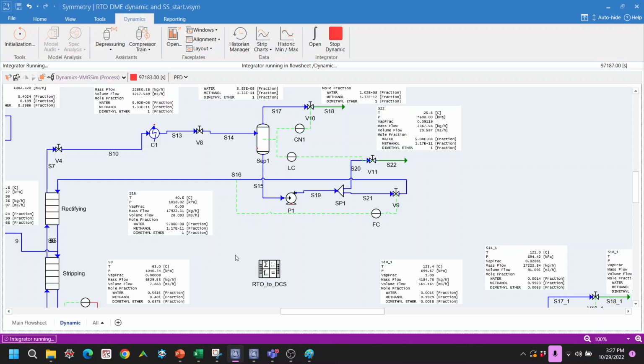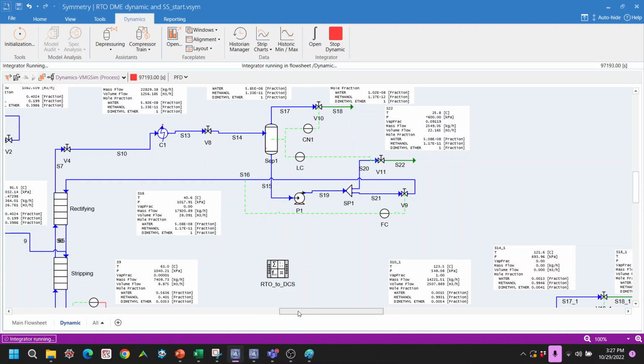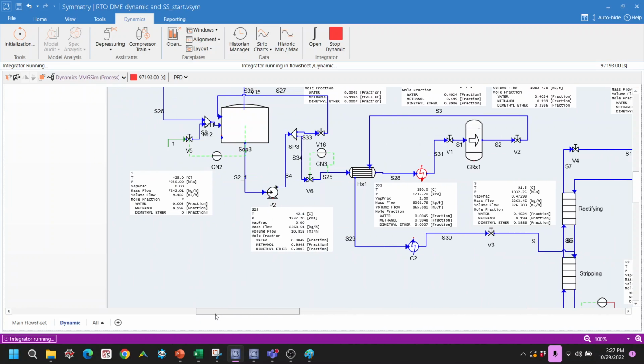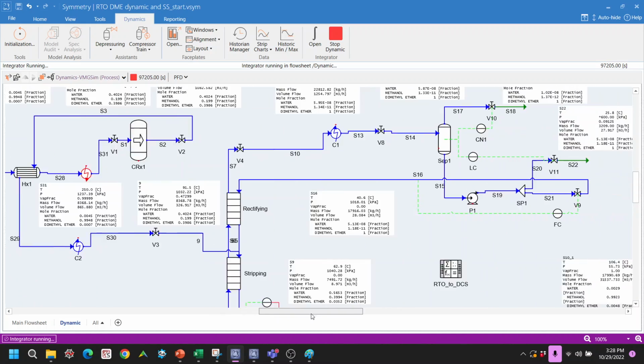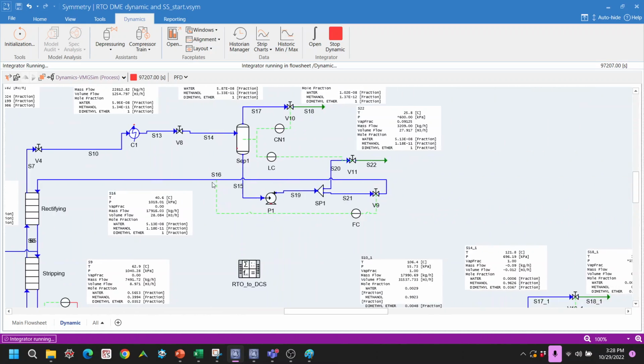So what I wanted to show, for example, this is our plant, and I showed you one independent variable, the feed flow rate to the reactor, and another independent variable like this one, the reflux to the column to control the purity of the DME.